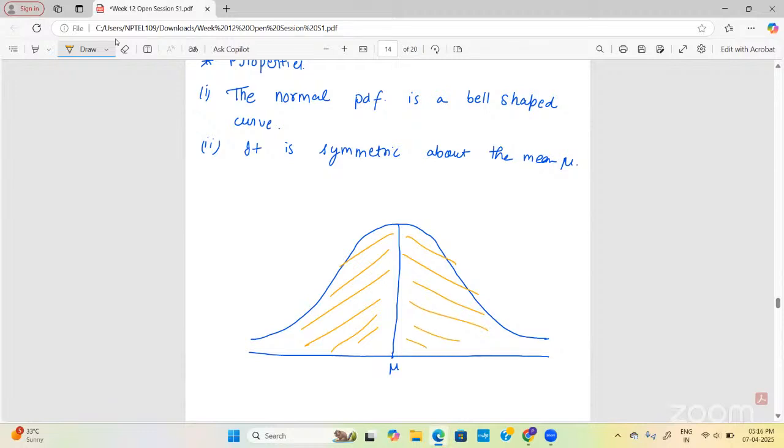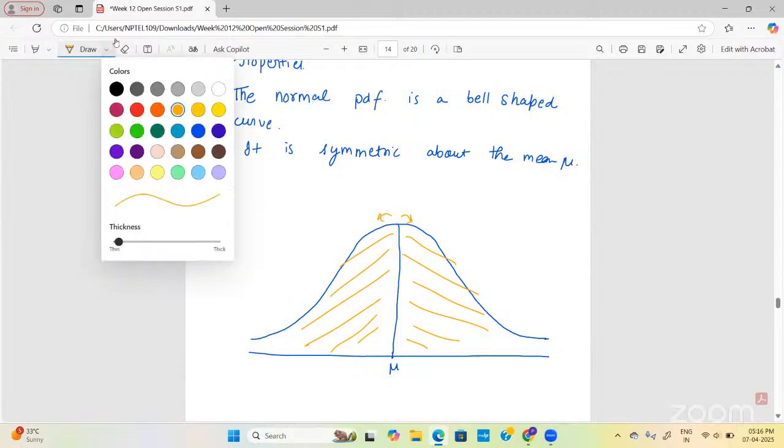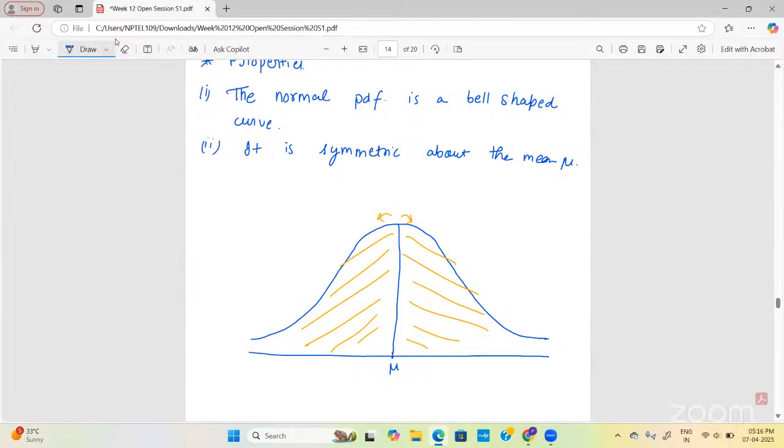They are both symmetric on this side and on this side. Is this clear to you? Yes, ma'am. So this covers 50% of the entire region, and this also covers 50% of the entire region.